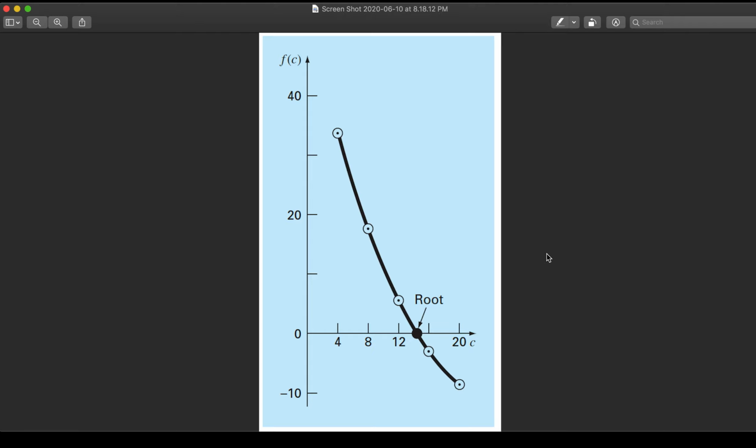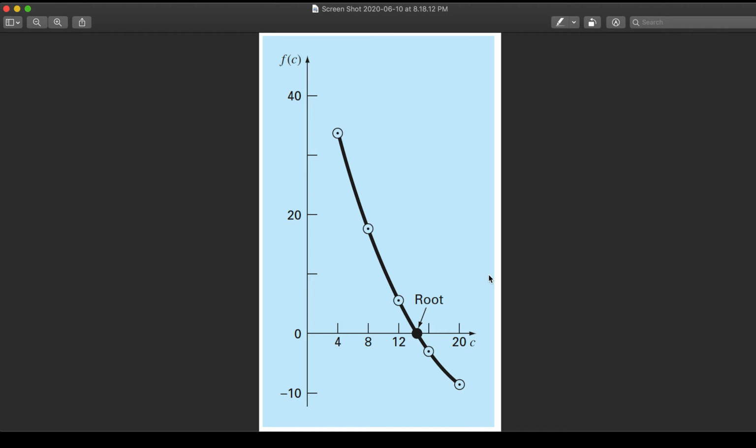And then if those two function values multiplied are less than zero, then it means that there's at least one root inside of those two x values. So that's the premise for the bisection method. It is a method that iterates, meaning that it happens over and over until the root is found.